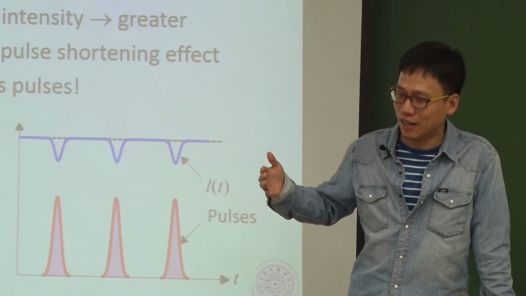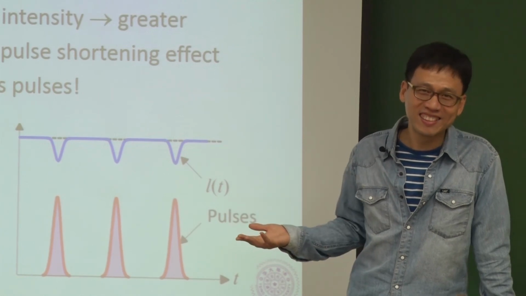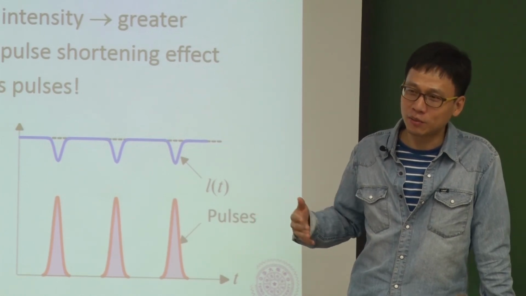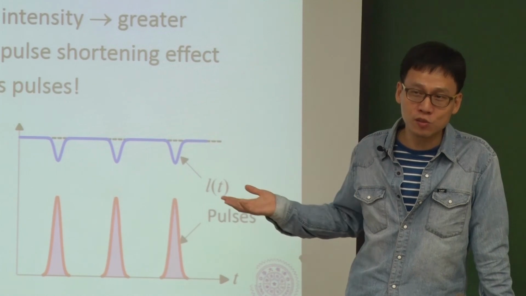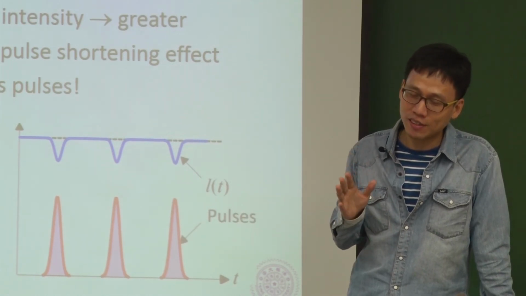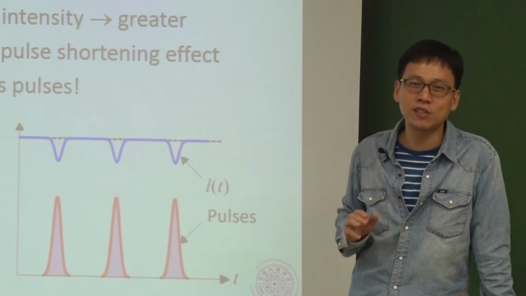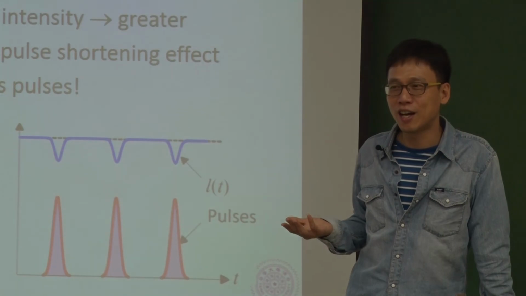Because outside the gain bandwidth, you cannot amplify the light. So you can hardly broaden the spectrum even more. Okay. But there are some exceptions, I have to admit. But fundamentally, that's the physical limit. So you cannot have a delta function.